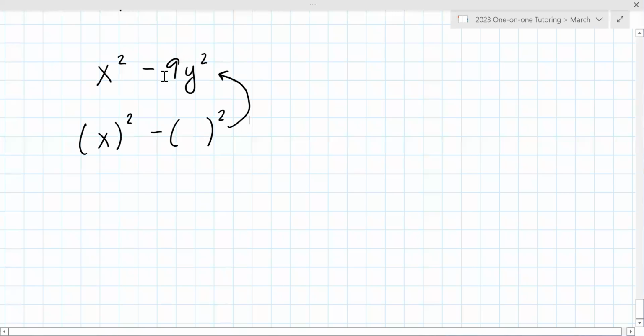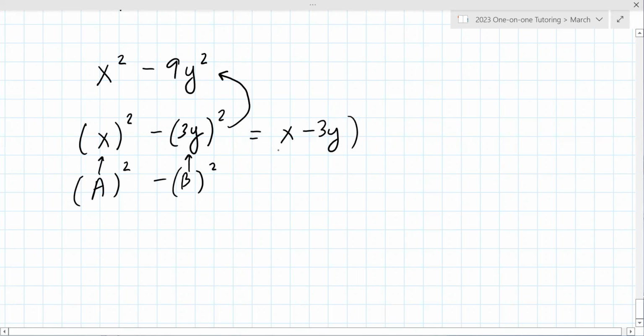It's the square root of 9, which is 3, and the square root of Y squared, which is Y. So it's still A squared minus B squared. Your A is X and your B is 3Y. So you'd write this as X minus 3Y, X plus 3Y, like that.